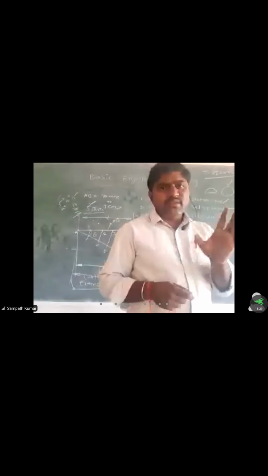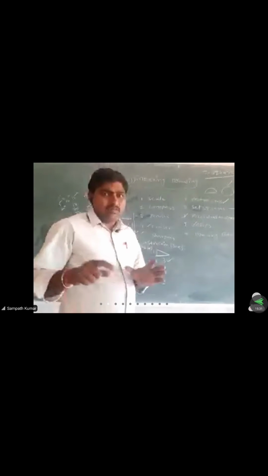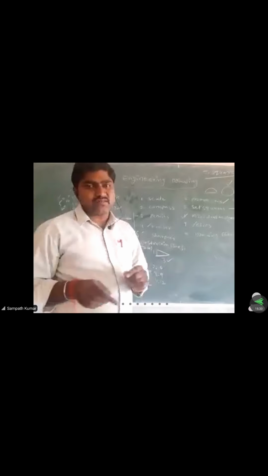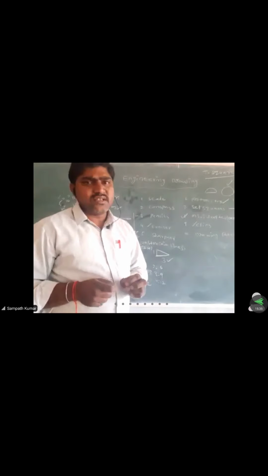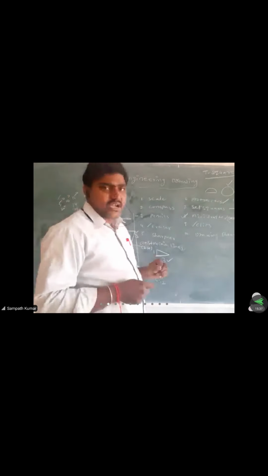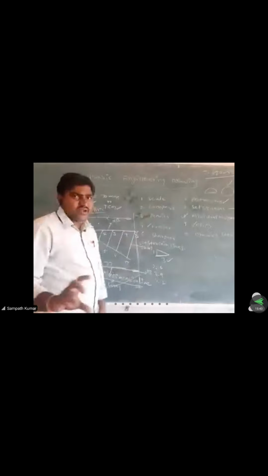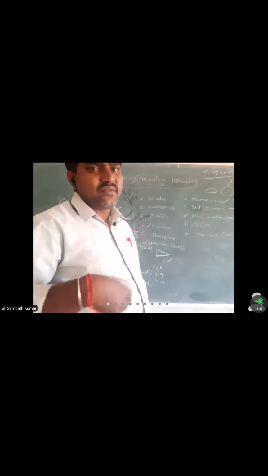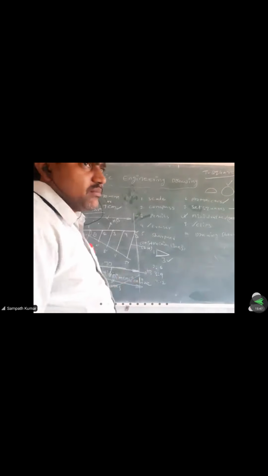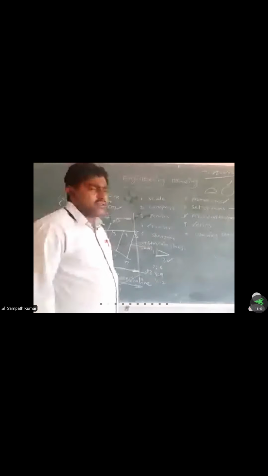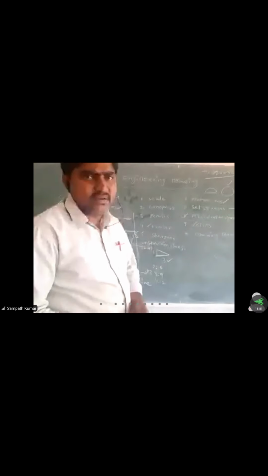By using an engineering compass, we can draw arcs of larger radius. That is the useful one. That is the big engineering compass, for big circles. By using a normal compass, we can draw only smaller circles, the diameter will be less. Any doubt?